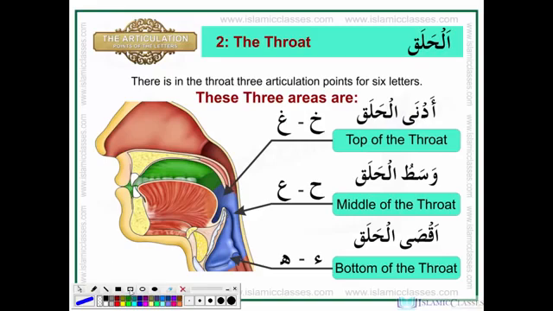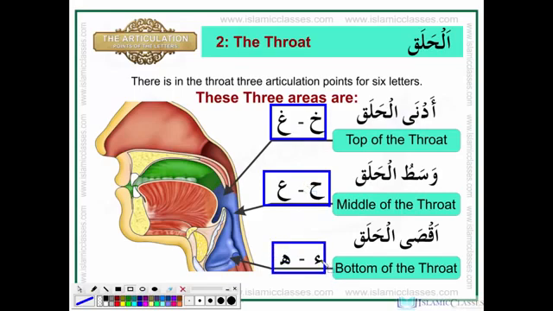You can see the 6 letters here: 2 letters here, 2 here, and 2 here.